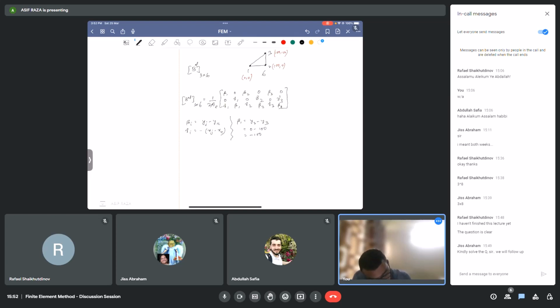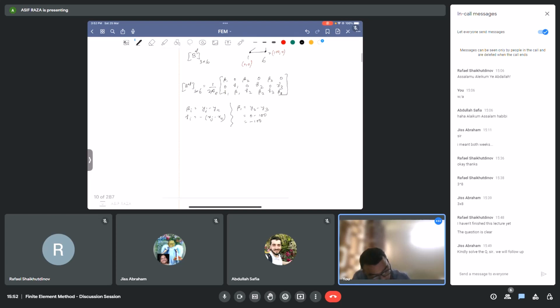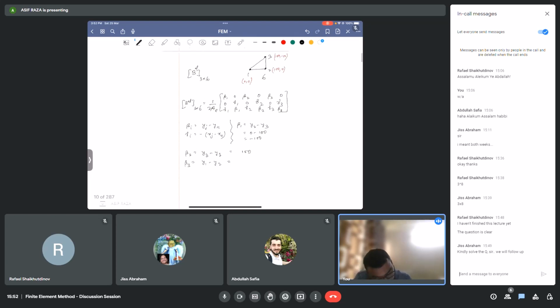Let's find the values of the other betas and gammas. Beta 2 is y3 minus y1, which is 100. Beta 3 is y1 minus y2, which is 0.